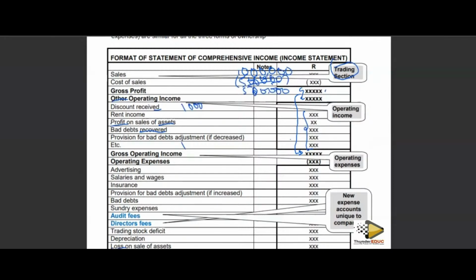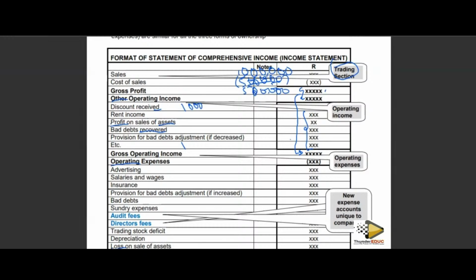Then after that, the other section is known as operating expenses. The word operating, we are looking at the expenses we incur during the normal business operations.